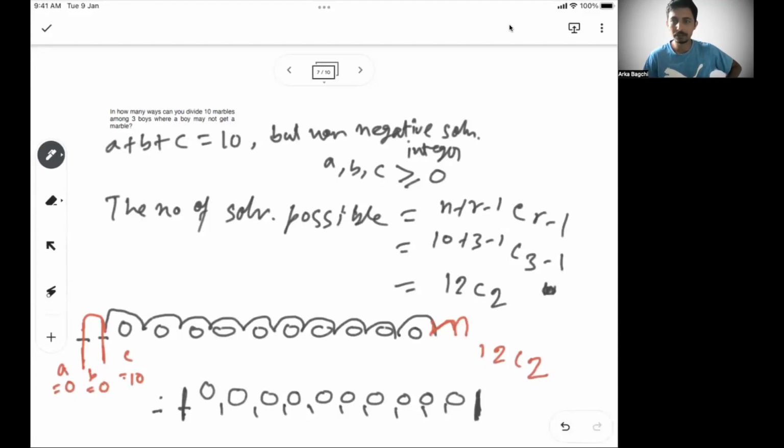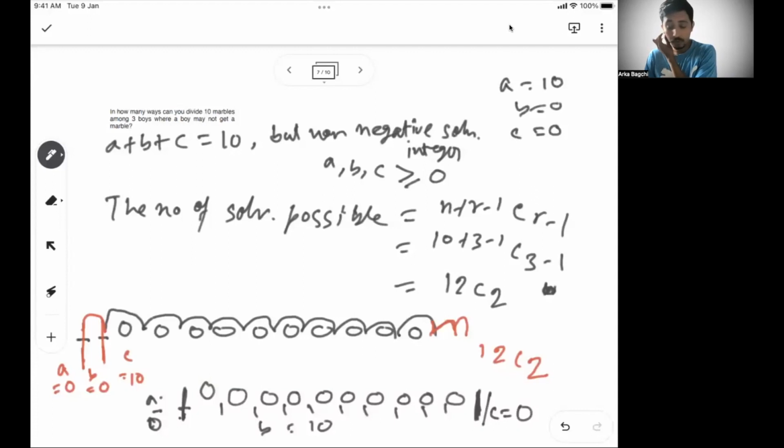So A gets 0, B gets 10, and C gets 0. There is also a possibility I can put both bars at the end. So that means A gets 10, B gets 0, C gets 0.